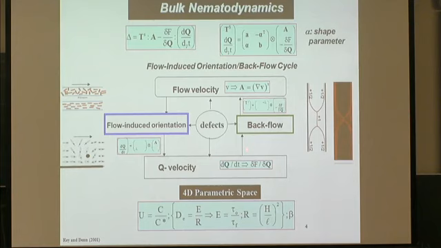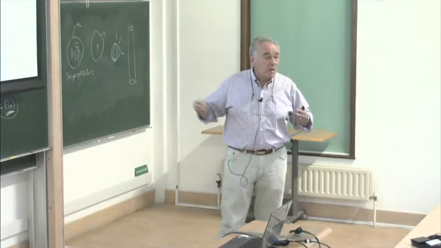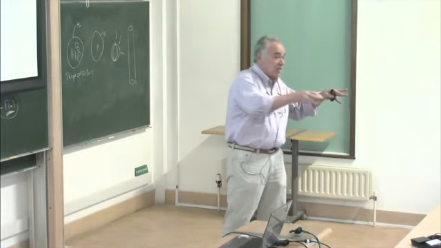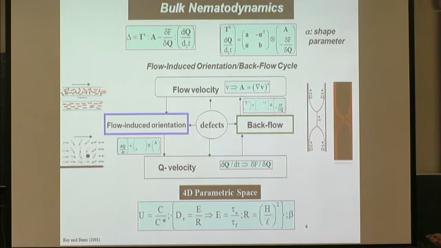When you come here, then you say, what is the effect of Q velocity on the flow velocity? That's what we call hydrodynamic interaction. In liquid crystals, it's known as backflow. But what does orientation change do to the flow kinematics? Like here, you have two branch point effects.